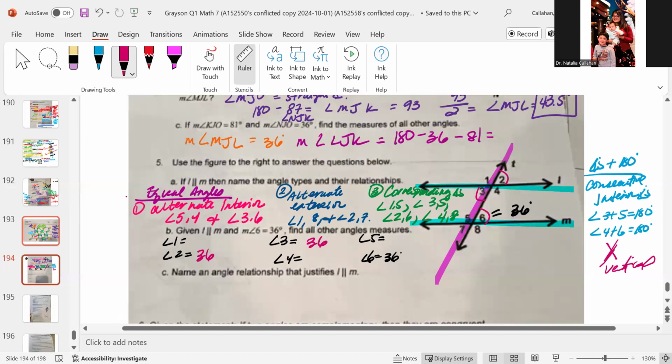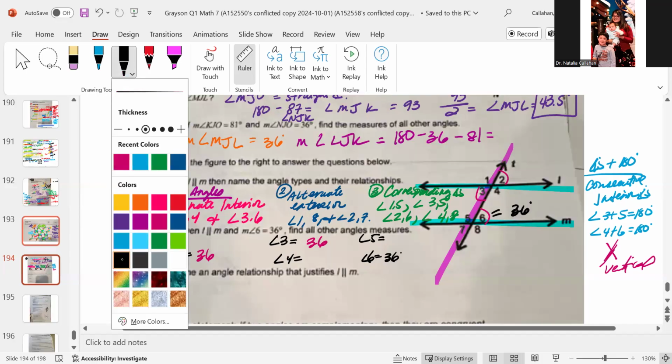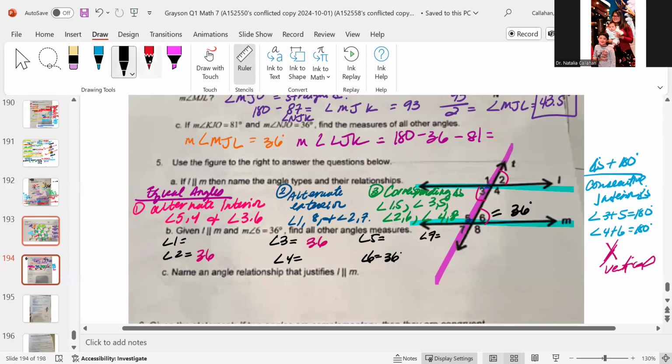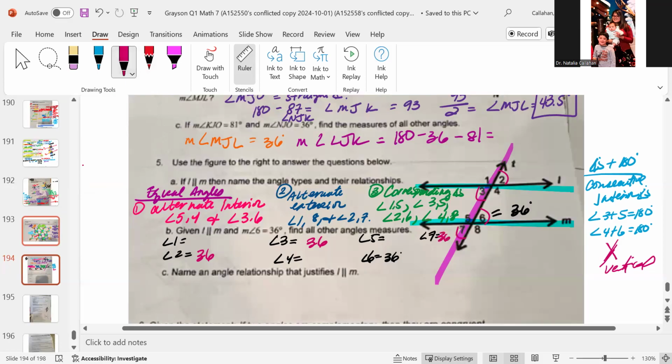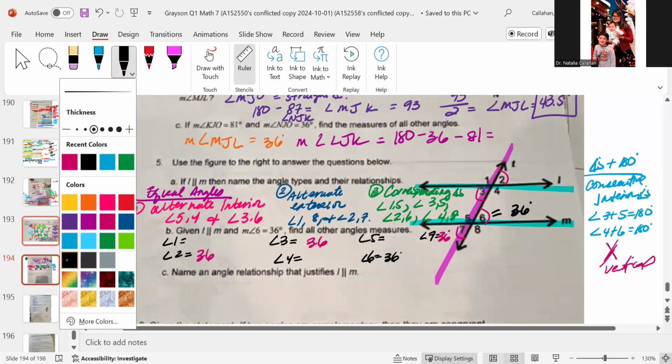What corresponds to angle 3? 7. So that's 36, right? Okay. What is supplementary to angle 7?